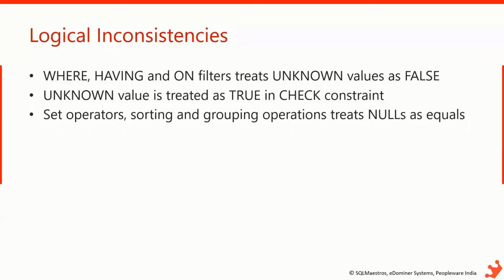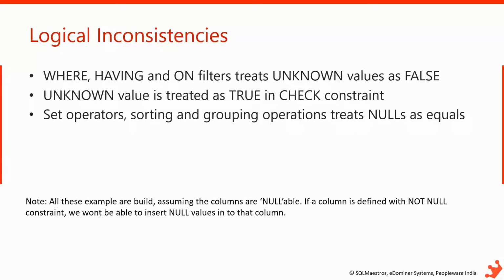And if you perform sorting operations using the order by clause, that means you are arranging the data in ascending or descending order, all the nulls will be treated as equal there. If you are arranging the data in ascending order, all the nulls will come at the beginning of the result set. And if you are arranging the data in descending order, all the nulls will come at the bottom of the result set.